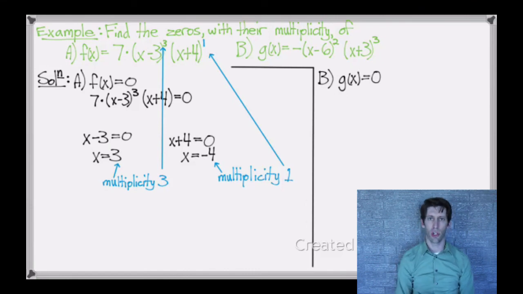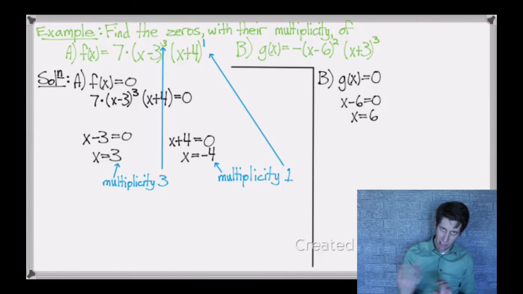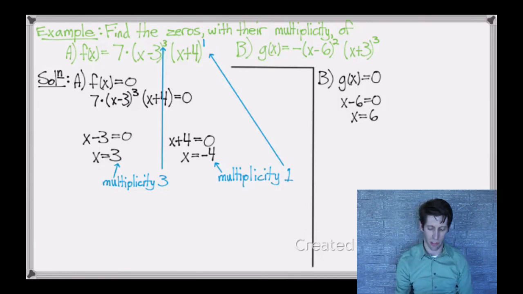So now that you've taken a shot at part B, we can go through the solution here. So again, anytime you're looking for the zeros of a function, you set y equal to 0 and solve for x. In this particular case, again applying the zero factor property, either x minus 6 equals 0, in which case x equals 6, or possibly x plus 3 equals 0, in which case x equals minus 3.